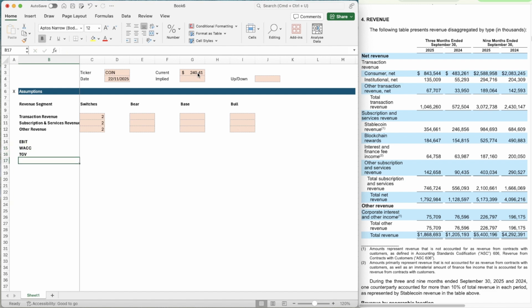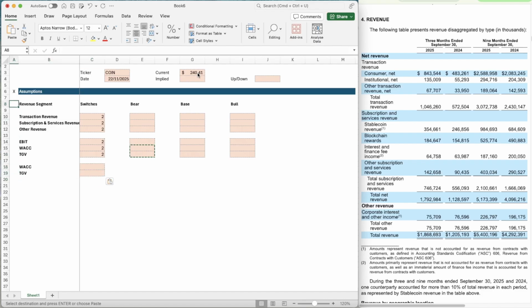The WACC is the weighted average cost of capital. We'll get to that later on once we've built out the revenue and the DCF model. The WACC is the figure that we use to discount the forecasted cash flows back to the present value.